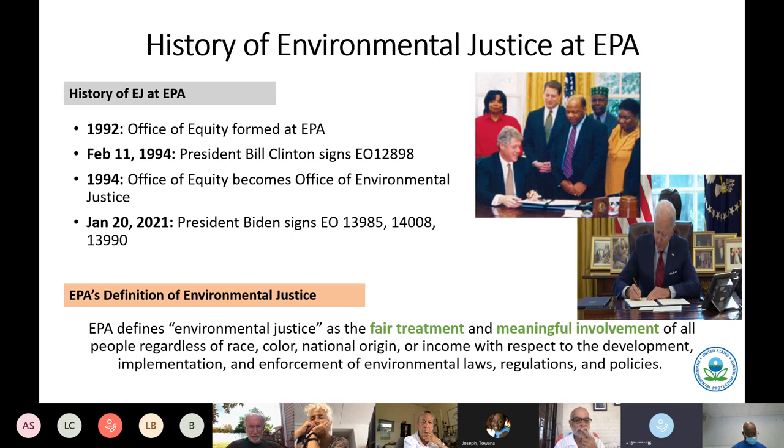In 2021, President Biden signed executive orders 13985, 14008, and 13990. EPA defines environmental justice as the fair treatment and meaningful involvement of all people, regardless of race, color, national origin, or income, with respect to the development, implementation, and enforcement of environmental laws, regulations, and policies. States, federal agencies, and localities have different definitions, so this is just the definition for EPA.